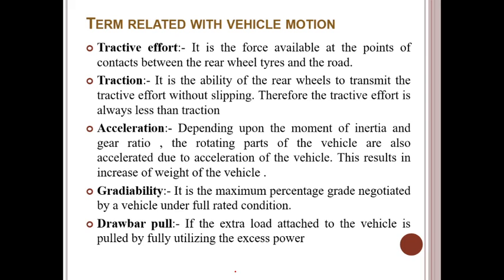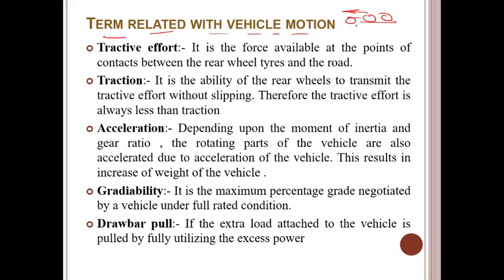Now another very important set of terms related to a vehicle in motion. When the vehicle is in motion, it is moved from one place to another. So what are the conditions required there?